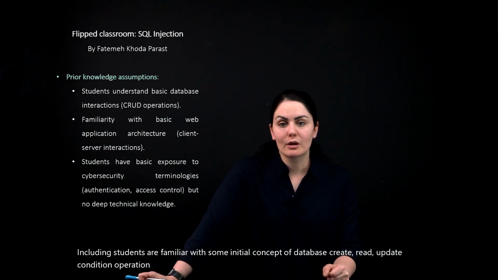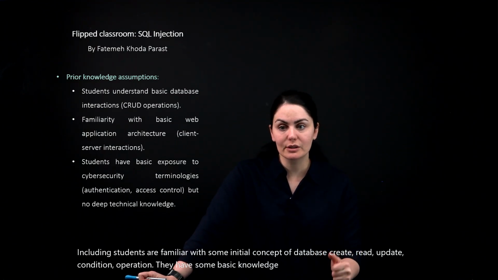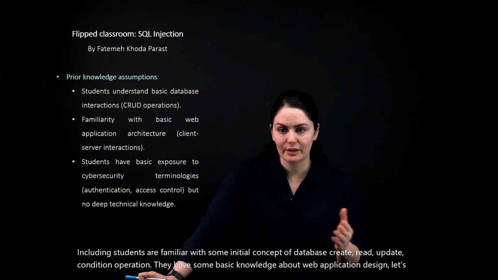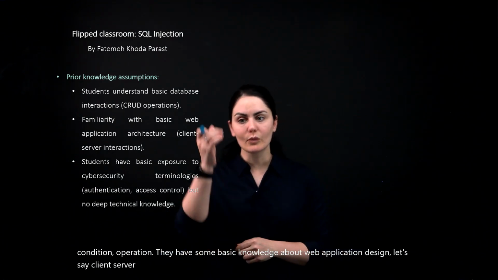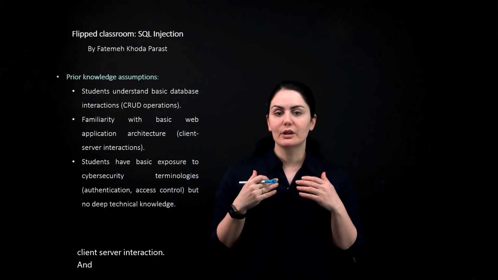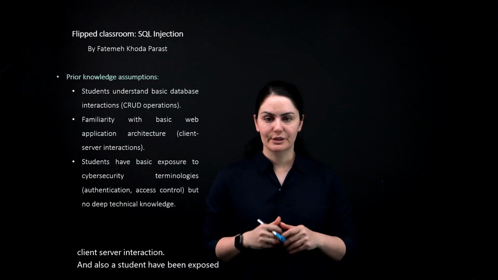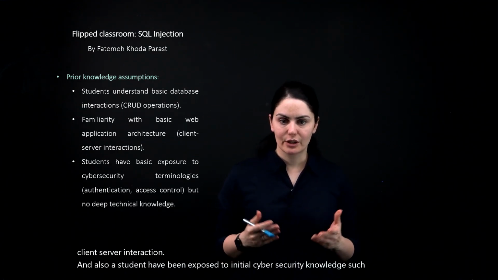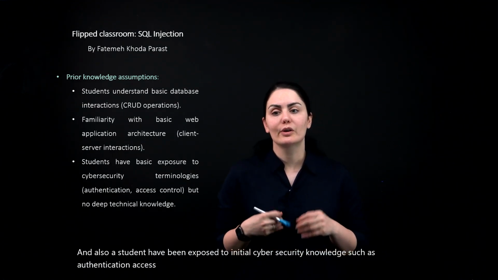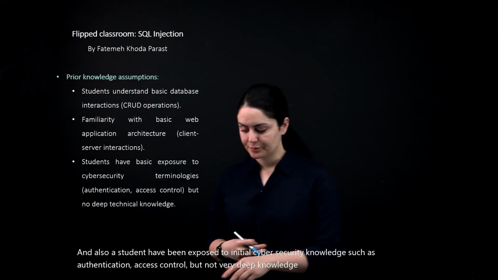They have some basic knowledge about web application design, such as client-server interaction. And students have been exposed to initial cybersecurity knowledge, such as authentication and access control, but not very deep knowledge about any attack.